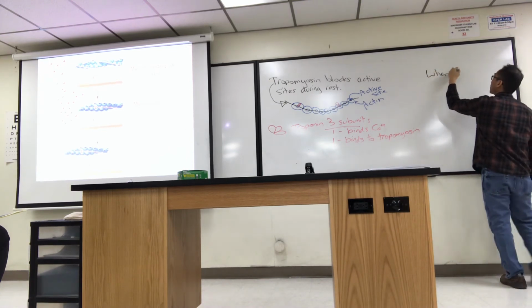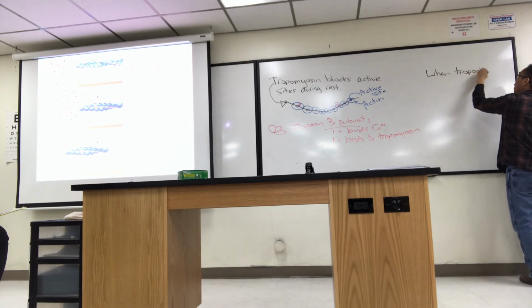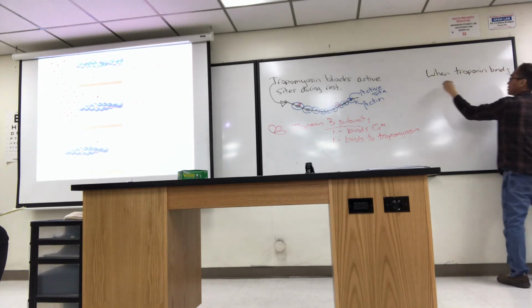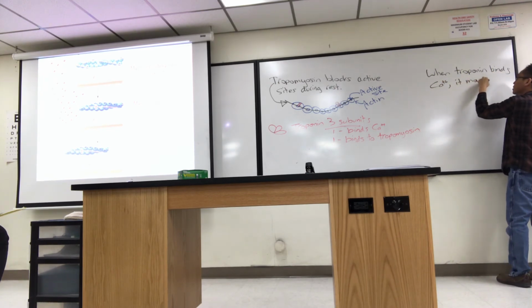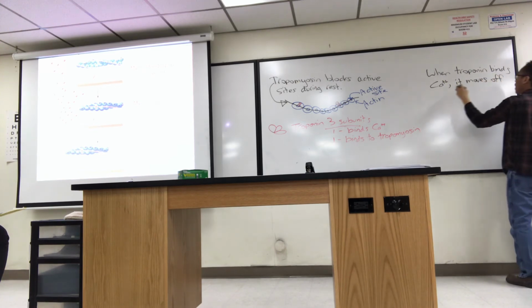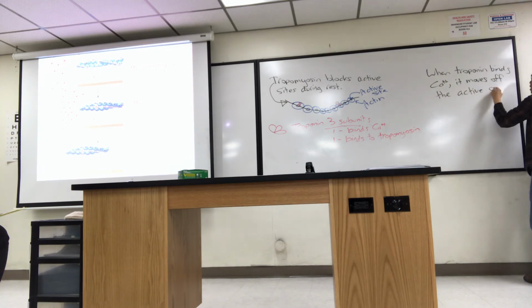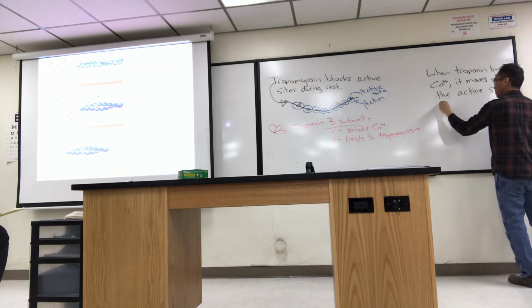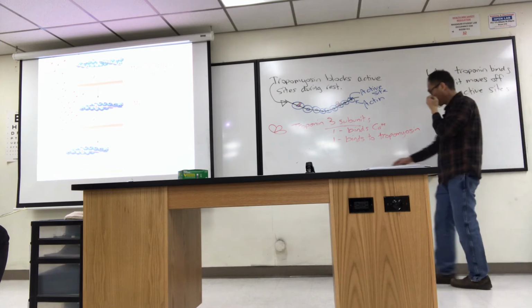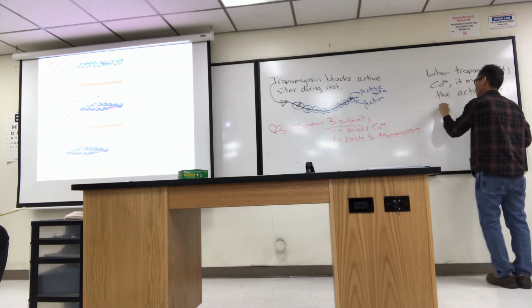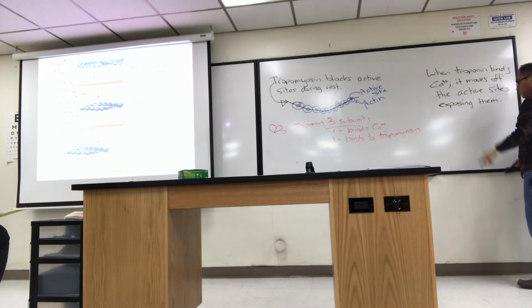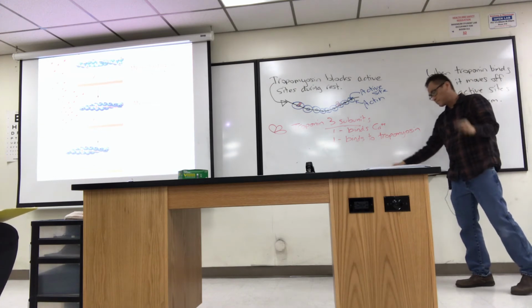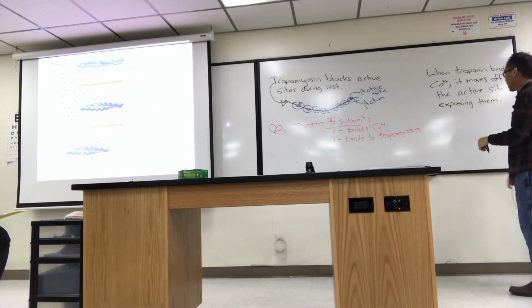When troponin binds calcium, it moves tropomyosin off the active sites, exposing them. So when they're uncovered, the myosin head can attach to the active site.